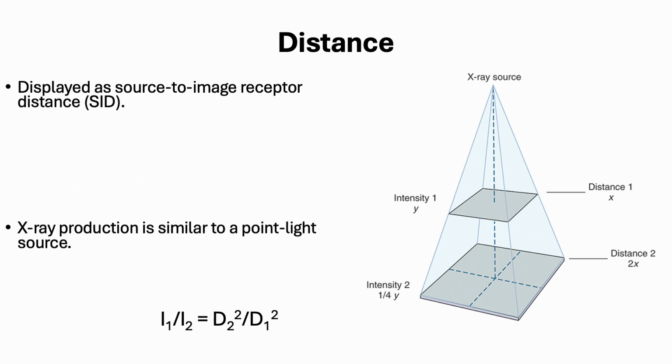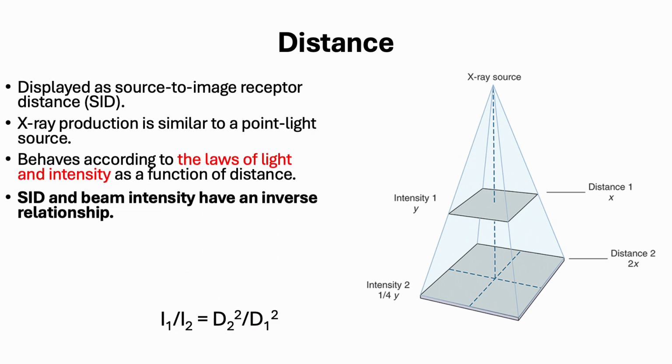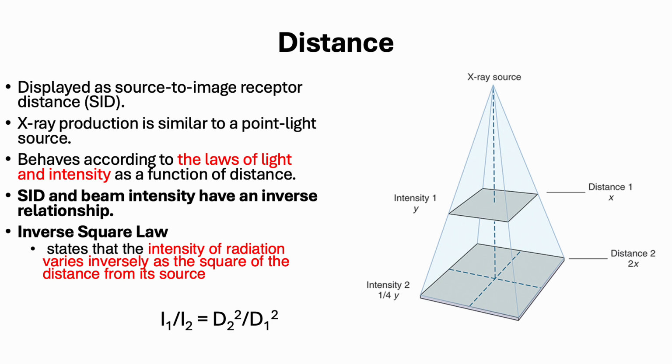Okay, so let's talk a little bit about SID, the inverse square law. The inverse square law tells you that intensity decreases as the distance increases. They're inversely related to each other, and the intensity will always decrease by one-fourth.